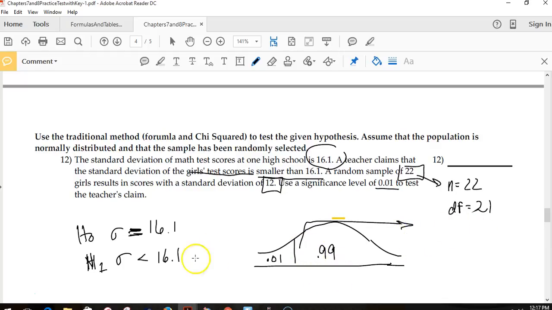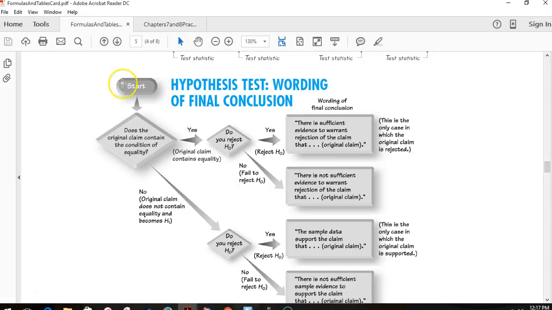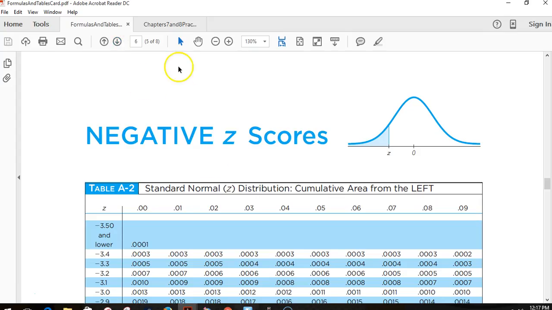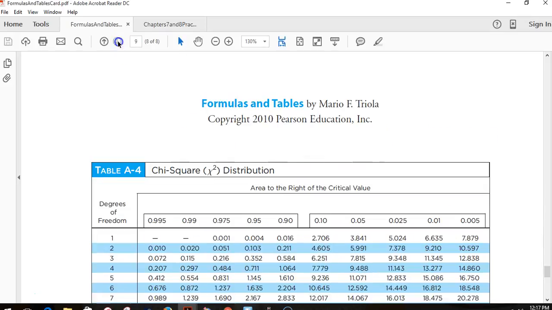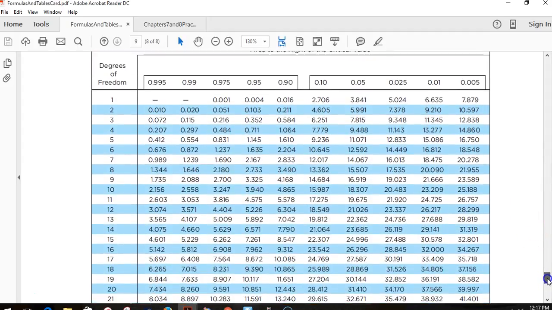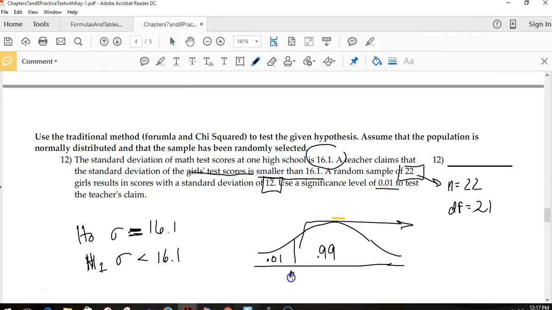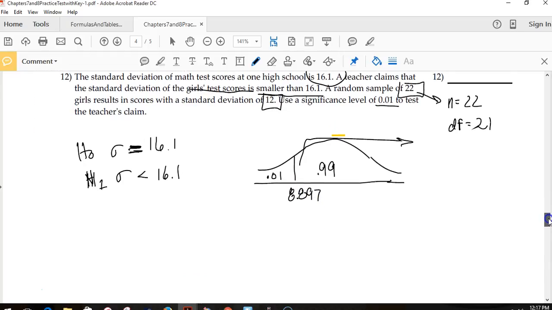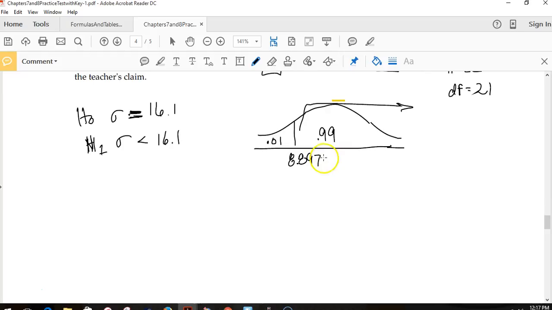And I have a DF of 21. So from the chi-value chart, area to the right is 0.99 down to the 21, and I get 8.897. That is going to be that critical chi value.